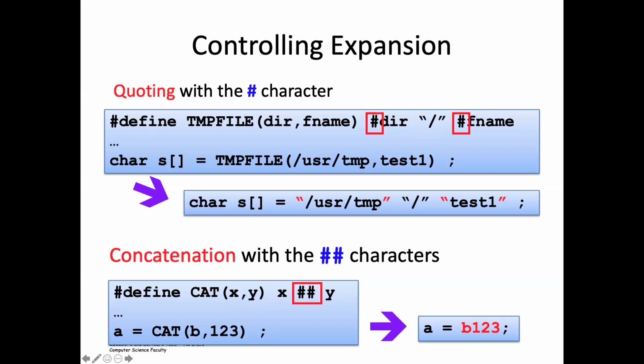It expects two parameters, and it just takes the value of those two parameters and glues them together into one long sequence of characters. So if you call it with B123, the double pound sign takes the first parameter, the second parameter, gets rid of any space between them, and it evaluates to just the value of those two parameters.